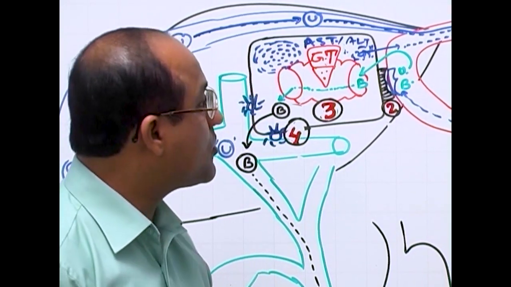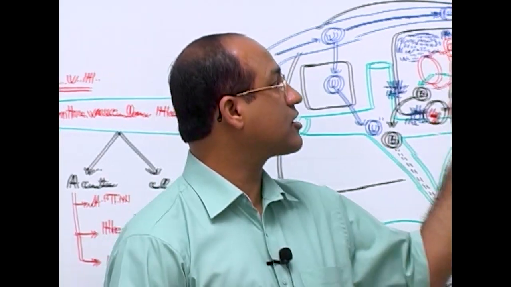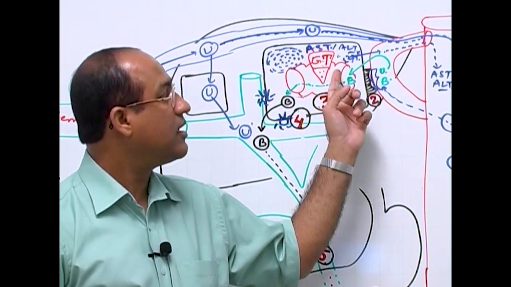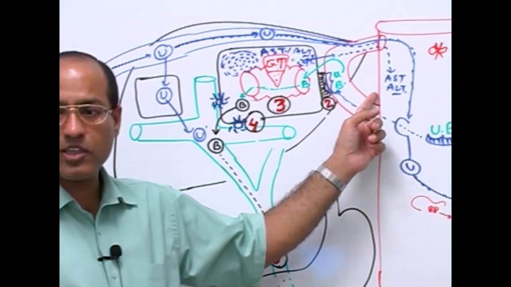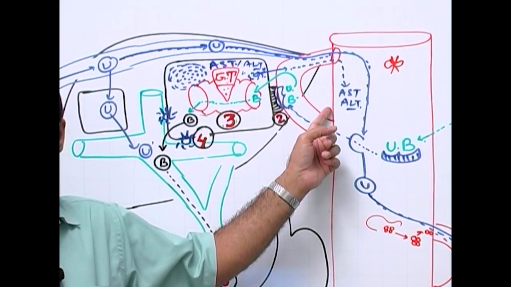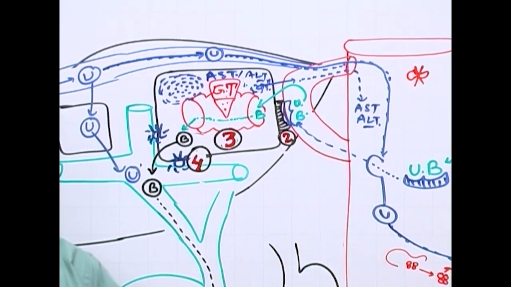Here it is very important to understand that if there is acute hepatocellular necrosis, then AST and ALT levels have gone so high that usually they are more than 10 times the normal value.